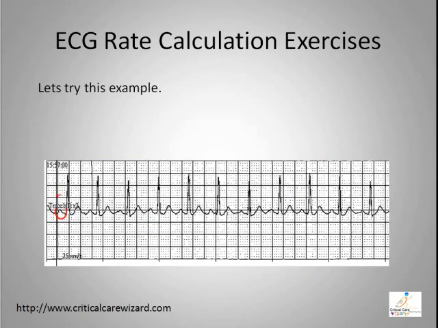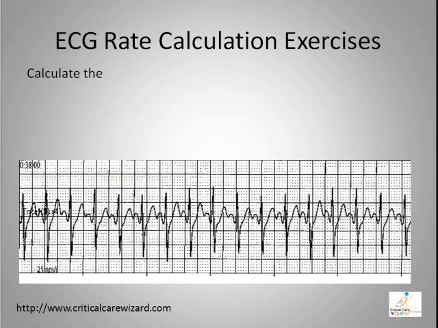Next step is to identify the similar waveforms. Look for the P wave to represent your atrial rate, and the R wave for your ventricular rate. To calculate the atrial rate on this ECG strip, identify the first P wave to the immediate next P wave and mark it.